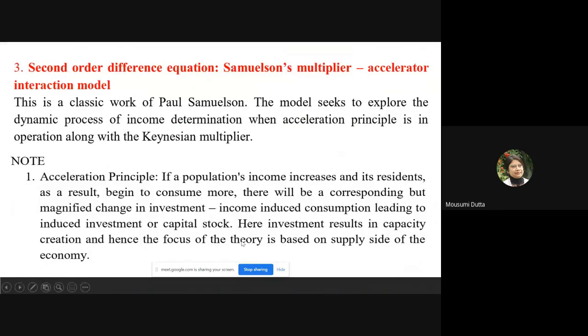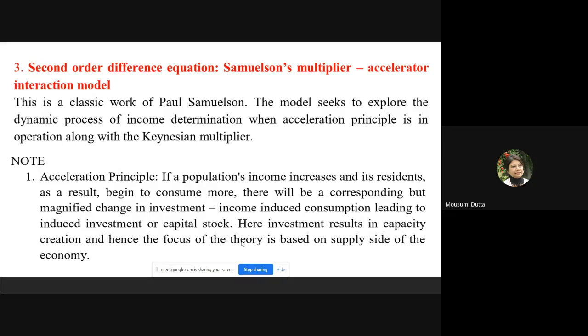So we are going to have a third model building exercise, second order difference equation. The second order difference equation is basically Samuelson's multiplier accelerator interaction model. Multiplier will be there, accelerator will be there, and both will work together.